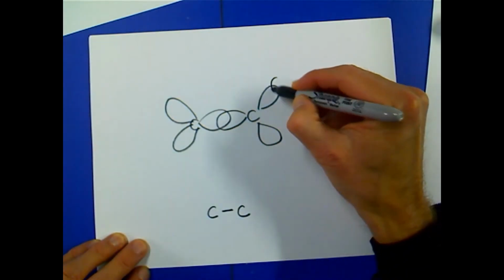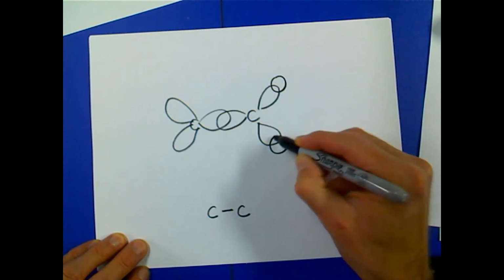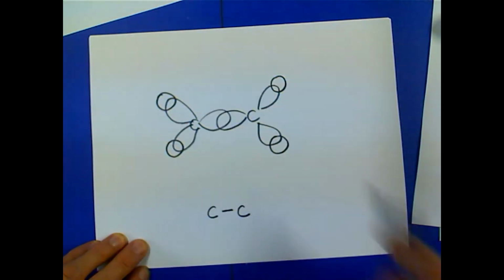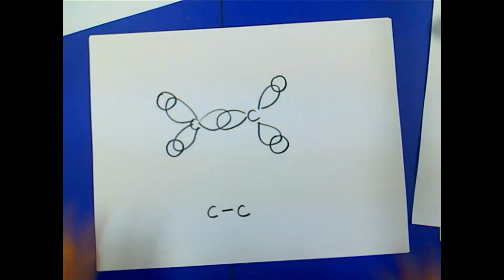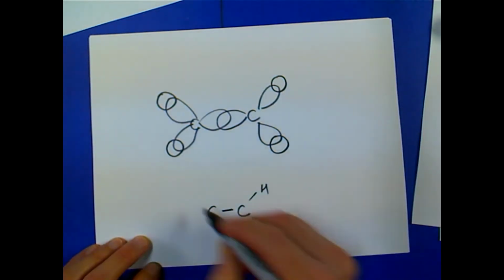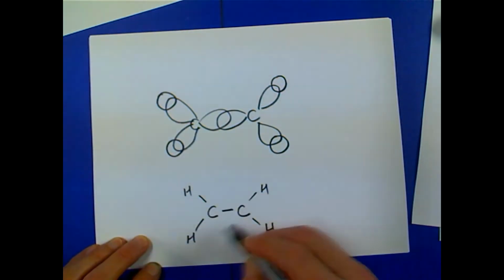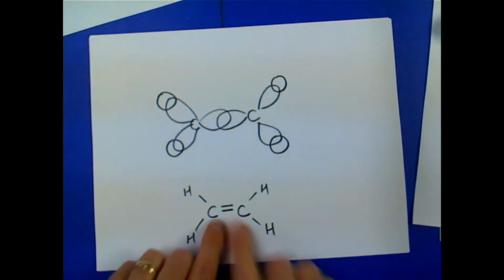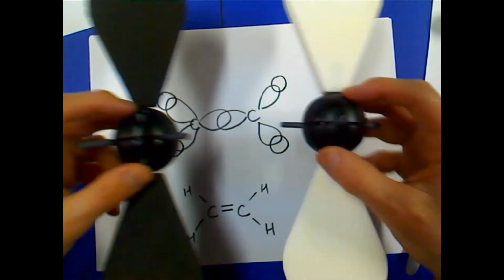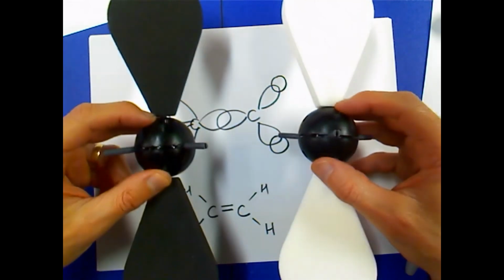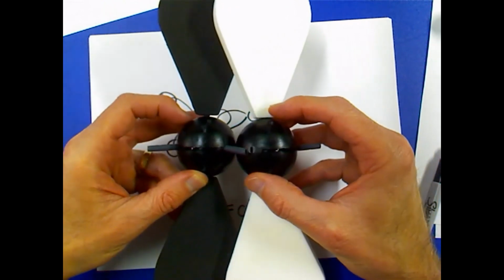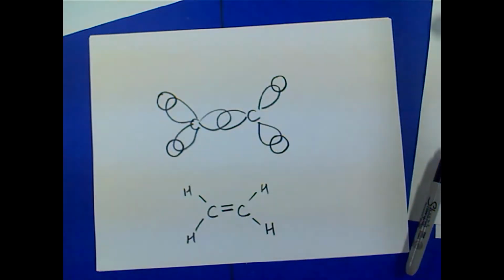We take the 1s orbitals from each hydrogen atom and overlap that onto the second 2 of each of the sp2 hybrids on each carbon atom, and that's going to form the bonds between the carbon and the hydrogen in both cases. This second bond, the second bond in the double bond, is going to come from the overlap of the pz orbitals that were not involved in the hybridization process. The overlap of those two is going to form the second bond between the 2 carbon atoms.